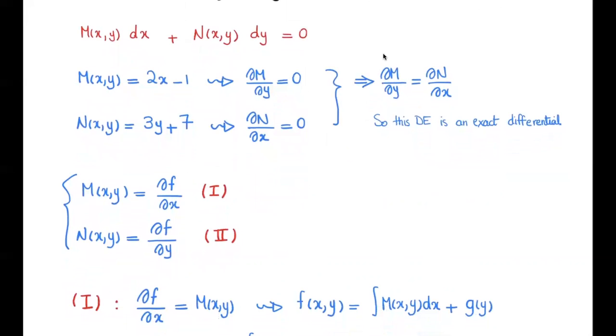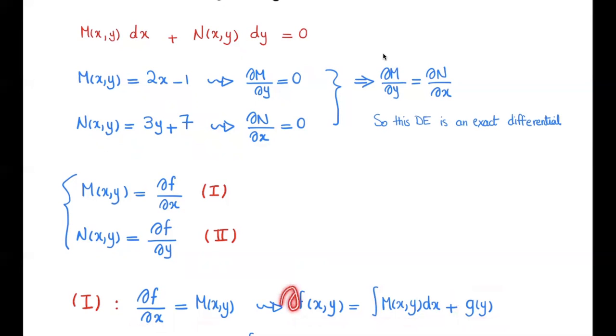So now we need to find partial f partial x, which is M. So then f, the arbitrary function, will be equal to the integration of M dx. And here, since f is both a function of x and y, and the partial derivative of f with respect to x is M, then when we integrate M, we will have a constant which is a function of y.